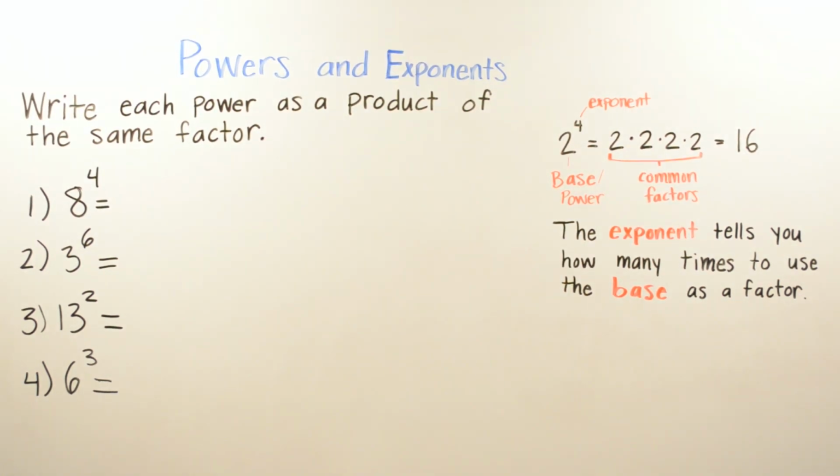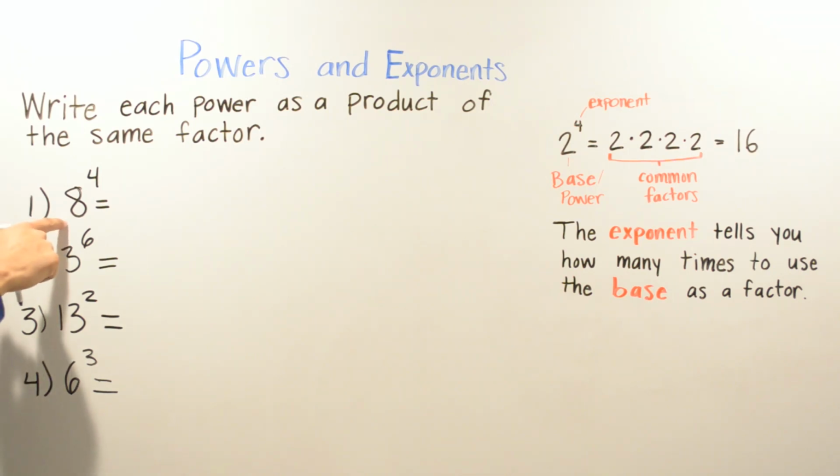In these 4 examples, we're going to be working on writing each power as a product of the same factor. So for the first example, we have 8 to the 4th power, and we're going to write it as a product of the same factor. So what it's asking you to do, on the right hand side, is to write it as your common factor.